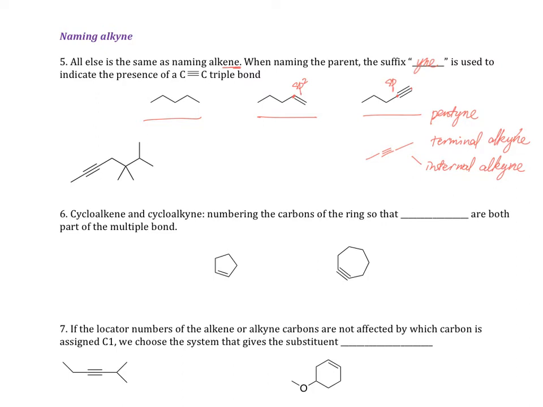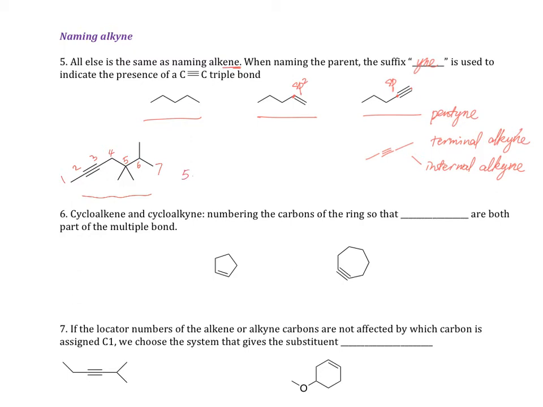Okay, now if you follow all the other rules from alkene, how should we name this molecule? If you want to pause the video and give it a try. So it's going to be very similar. You have to number from the side that gives the smallest number for the multiple bond, and just identify the substituent.